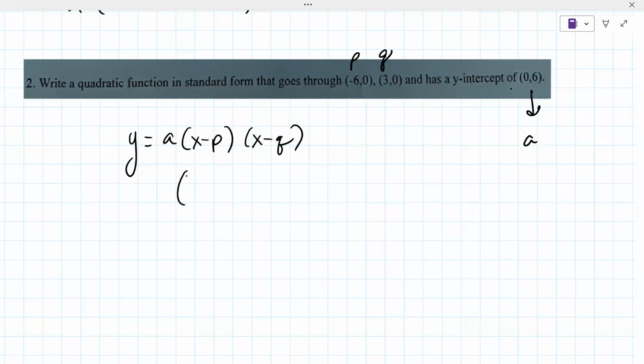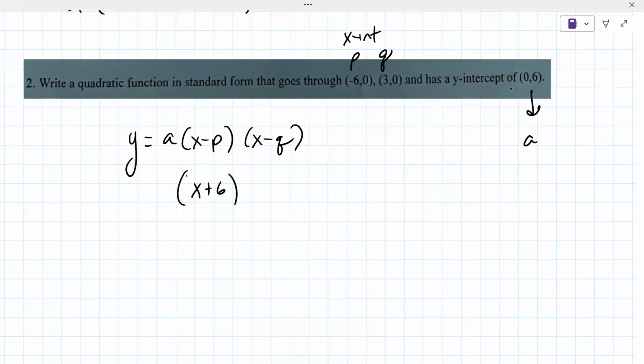That's used to find A. The x-intercepts are used to find P and Q, or they are P and Q. So 6 equals A times (0 plus 6) times (0 minus 3).